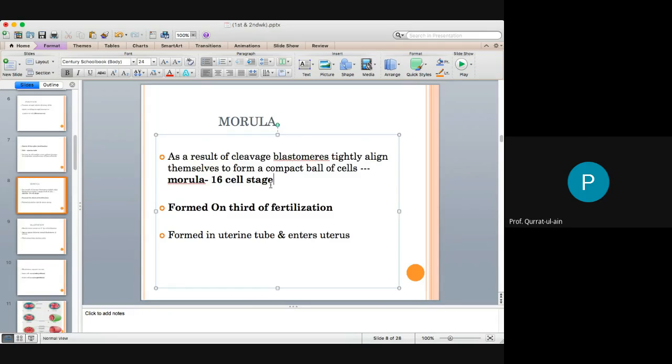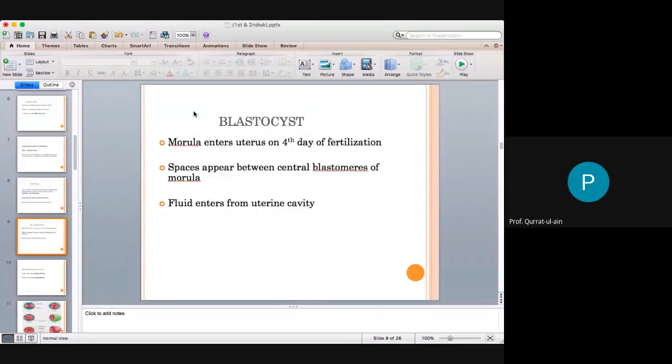Otherwise you will be lost about what the 16 cell stage is. It's the morula, right, which is formed on the third day of fertilization within the uterine tube, and then it enters the uterus on the fourth day, and when it enters the uterus, it changes into the blastocyst.